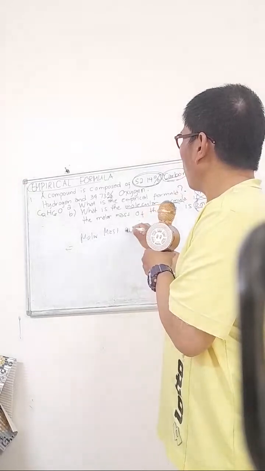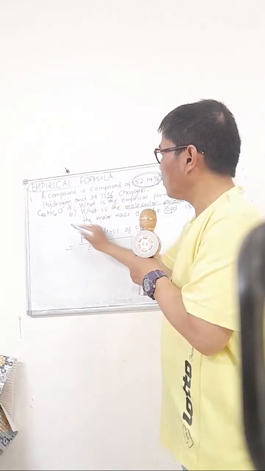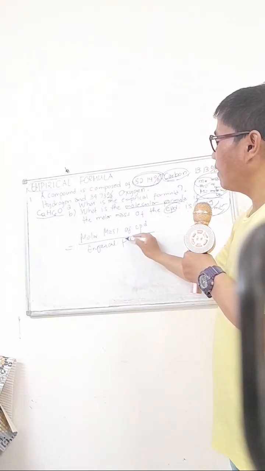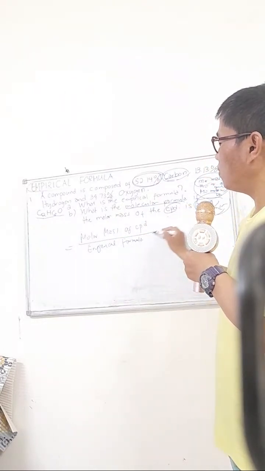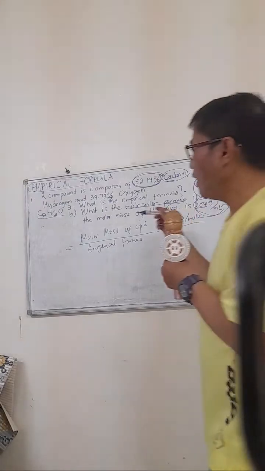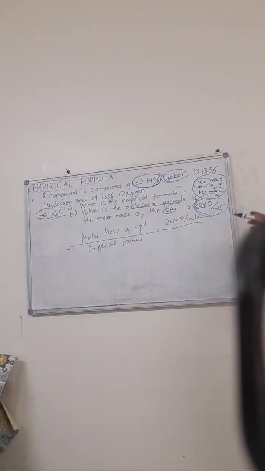So we have the molar mass of the compound divided by the empirical formula, which is here C2H6O. What will be the result upon dividing these two? Take the 204 grams per mole over the empirical formula mass, but you don't have the grams per mole for the empirical formula yet, so compute it. For C2H6O: carbon, 2 times 12.01, because you need to deal with each element individually, subscript times atomic mass.